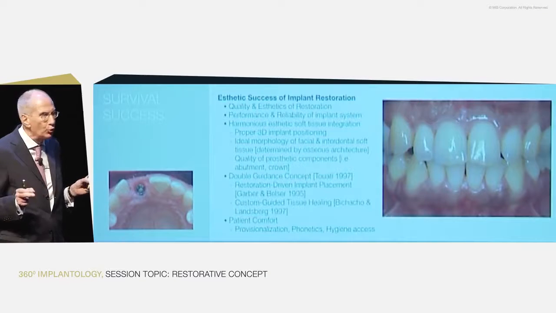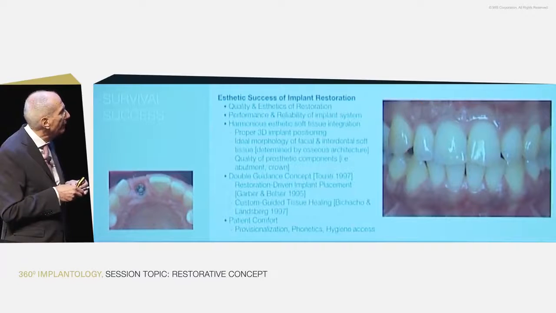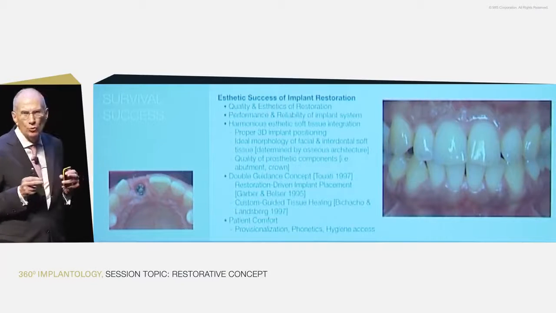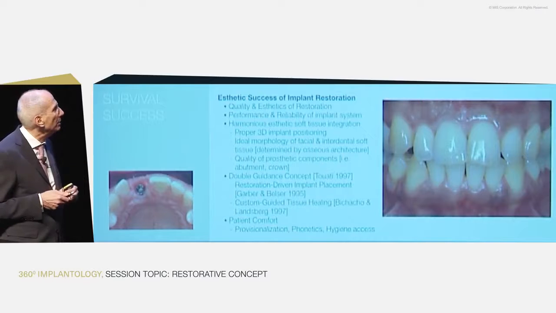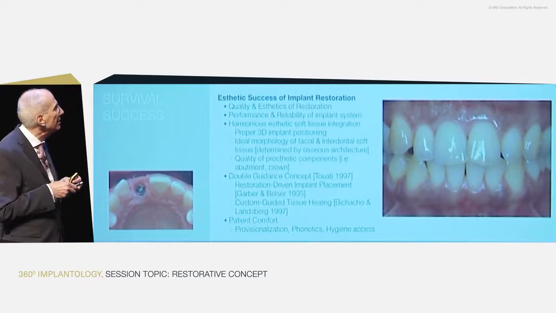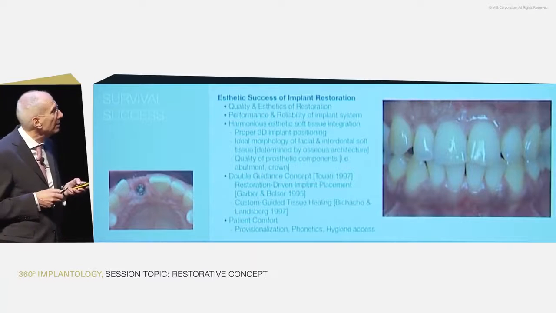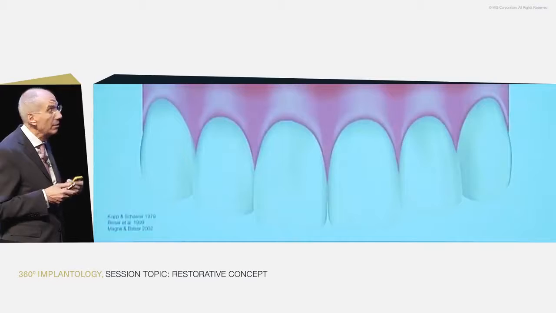This is true still today. And we want to have a custom-guided tissue healing, as has been pointed out this morning also. And I think this aspect here is very important if we want to get an aesthetic result.